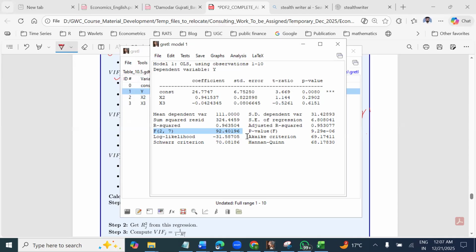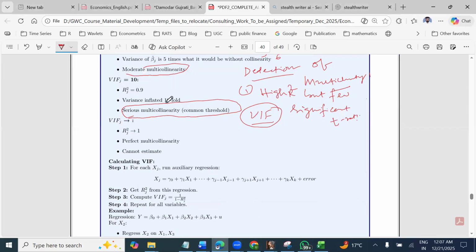In the F test, what is our null hypothesis? Our null hypothesis is beta 2 and beta 3 equal to 0. It means the coefficient for income and the coefficient for wealth are equal to 0. Is it clear? Yes, sir.